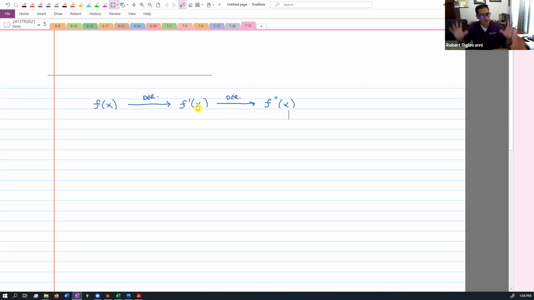But generally speaking, if we start with the function f, we can take its first derivative, get something, second derivative, get something else. Now we have this concept of an antiderivative, which means that if I start with the second derivative, I can go back by taking the antiderivative, and I'm going to get a new function.